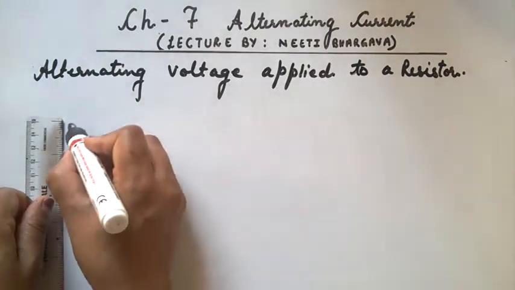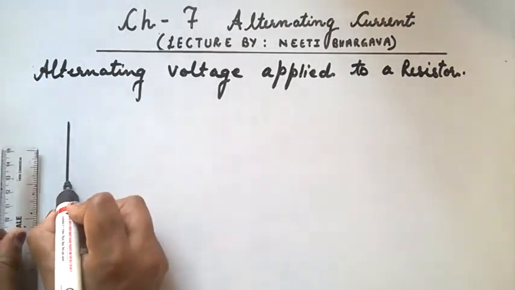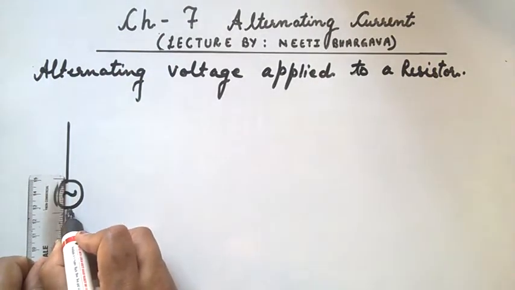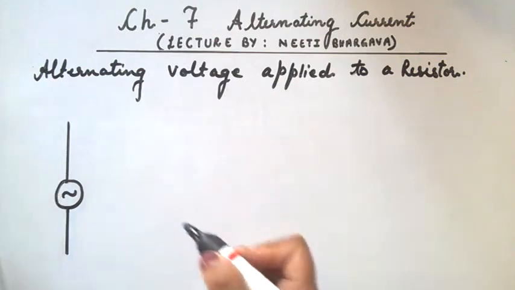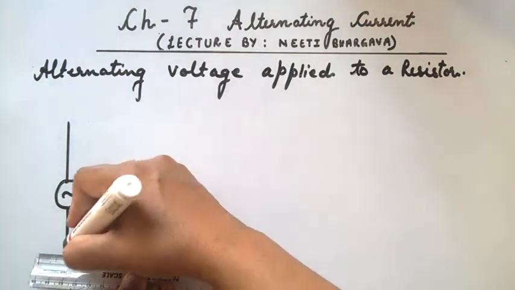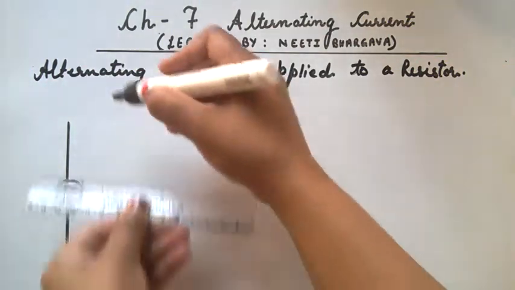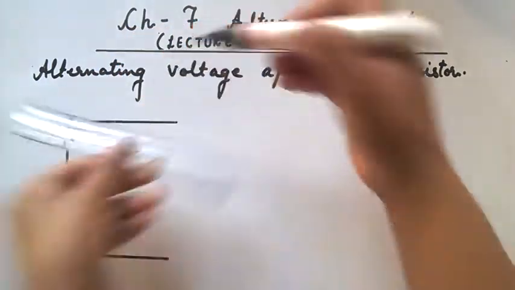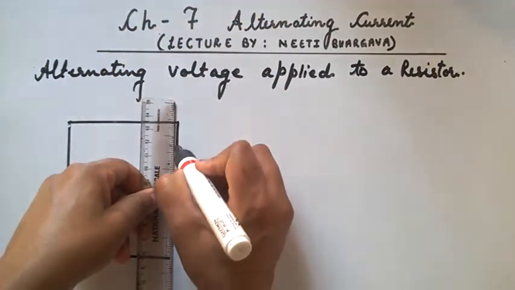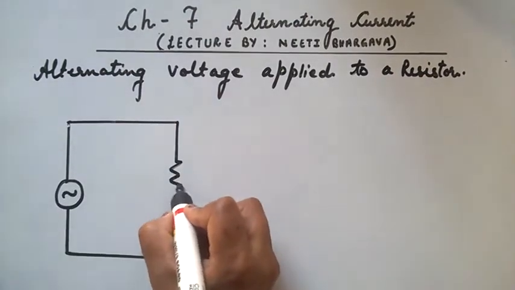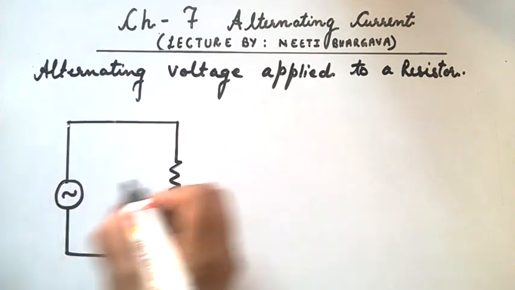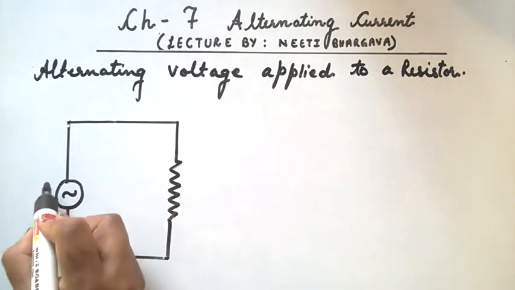Consider a circuit diagram in which an AC source having an alternating EMF is connected to a resistor of resistance R. This is the AC source.